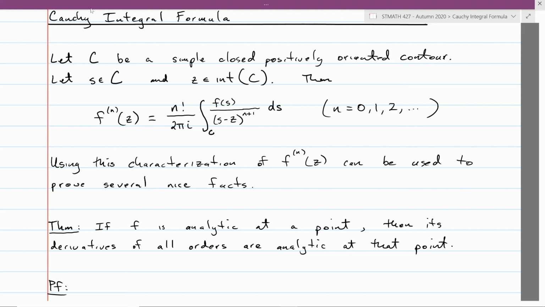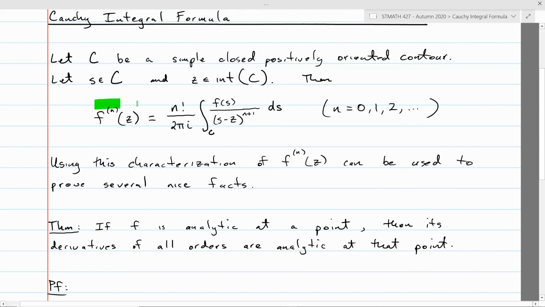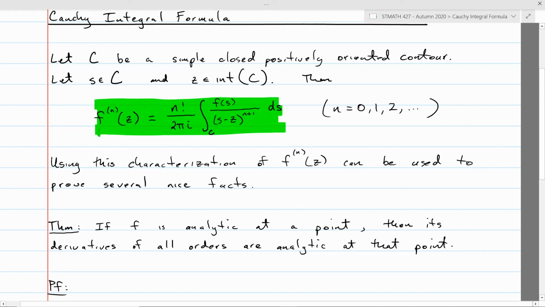We move that variable to the place of z naught, and the variable inside the integral becomes some other variable, so we call it s. So here's a nice way to think about the nth derivative of f of z, where z is any point on the interior of the curve C. It's just a different way to think about the derivative.